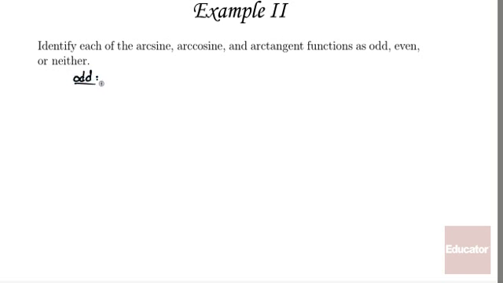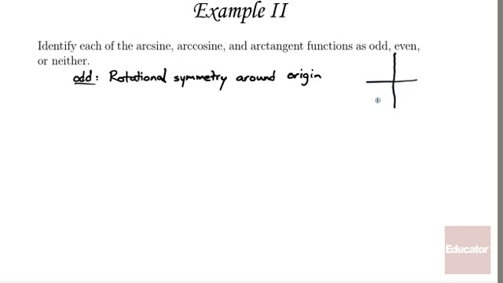An odd function has rotational symmetry around the origin. The way I remember that is that 3 is an odd number, and y equals x cubed has rotational symmetry around the origin.